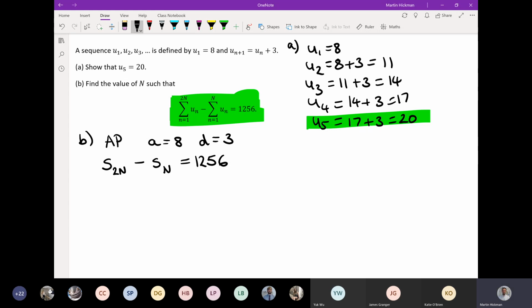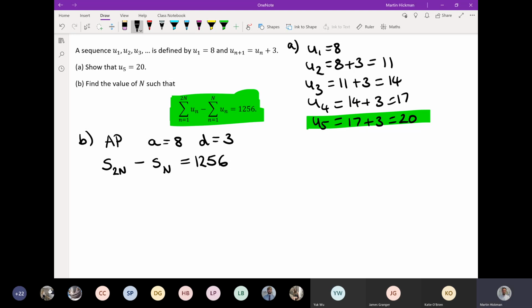If it's the sum of all the Un, that just means the sum of U1 plus U2 plus U3, all the way up to U2n. For the second term, it's just U1 plus U2 all the way to Un. Adding those terms together and doing one minus the other, you get 1,256.